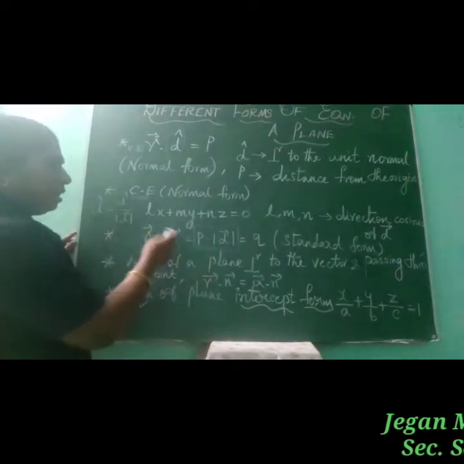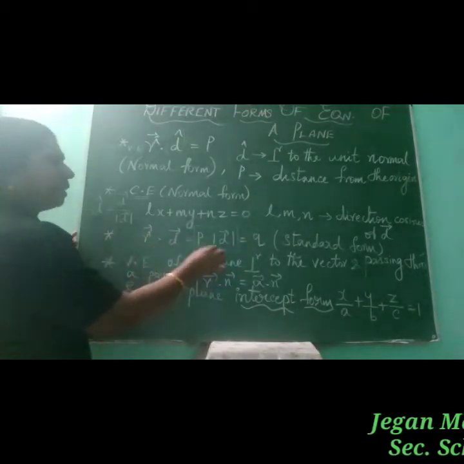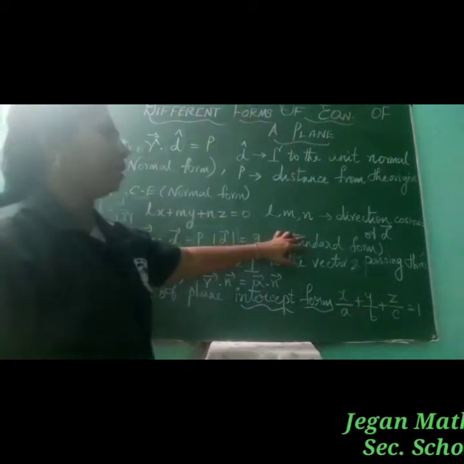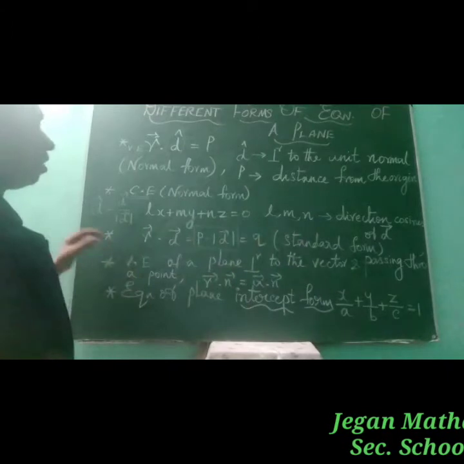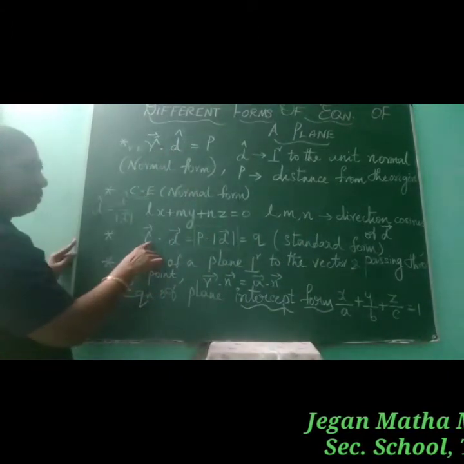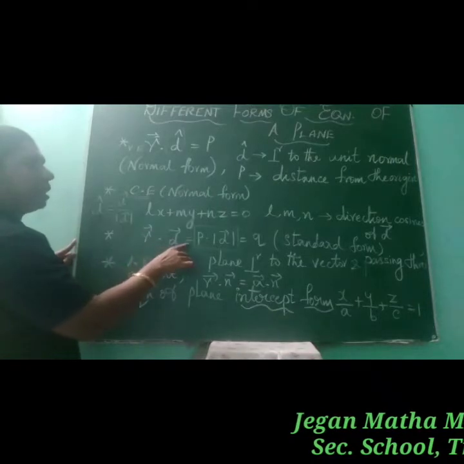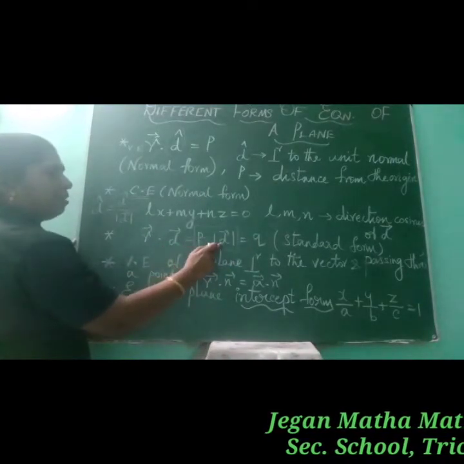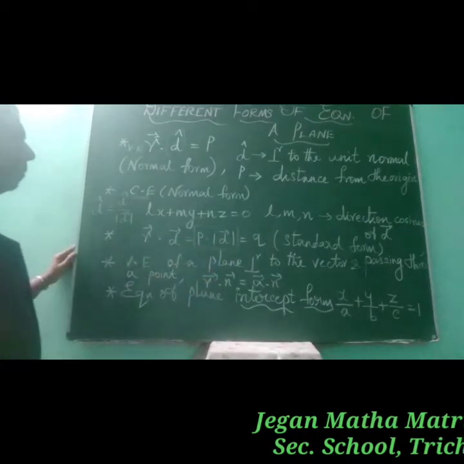So if you express r dot d vector equal to q, this is the standard form of an equation of a plane. Normal form r dot d cap equal to p, standard form r dot d vector equal to q, where q is equal to p times modulus of d vector.